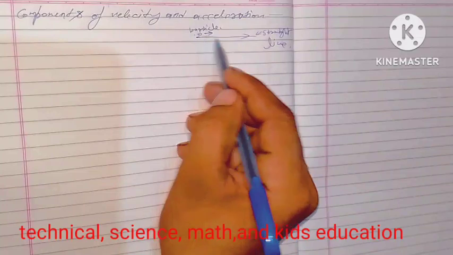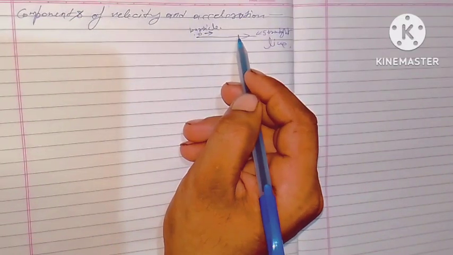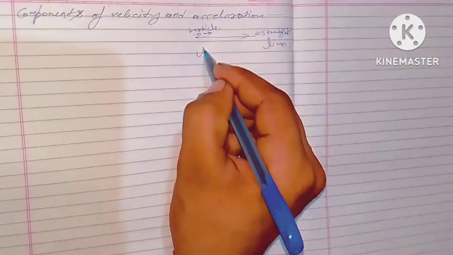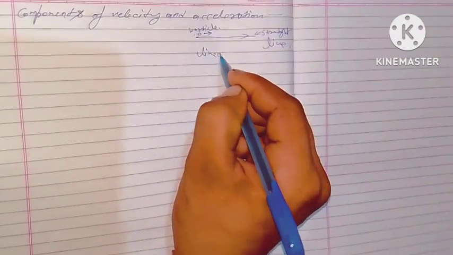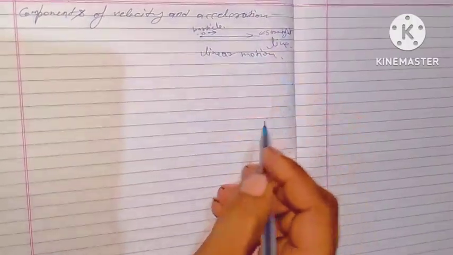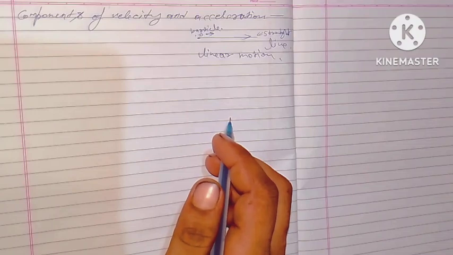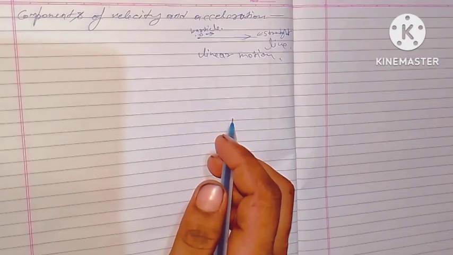Motion of a particle in a straight line is known as linear motion.